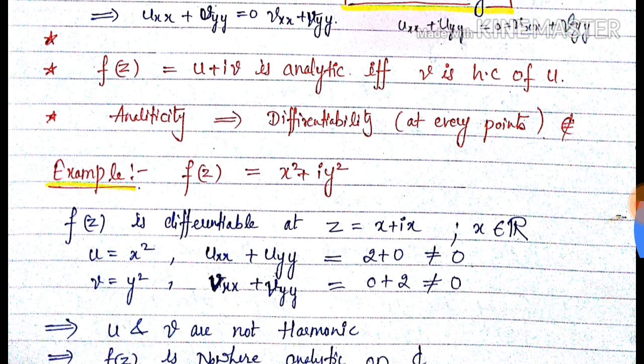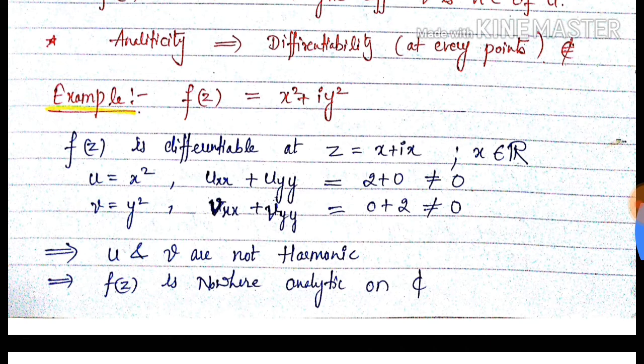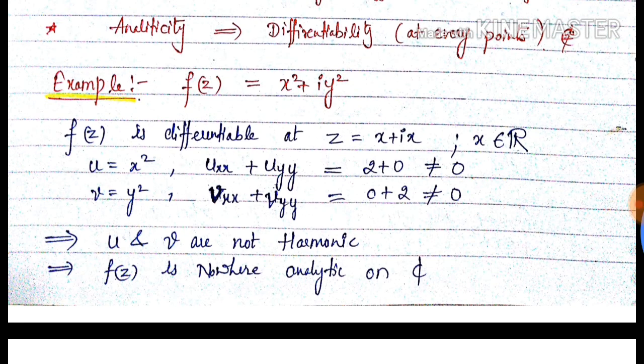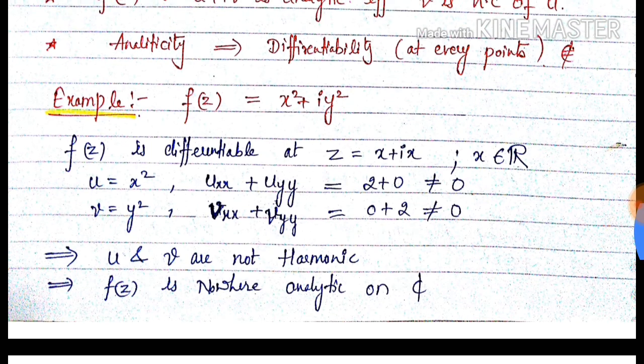Now we are taking an example. Here the example is f(z) = (x + iy) square. f(z) is differentiable at z = x + ix, x belongs to the real numbers. Here u = x square means the real part is x square, and the imaginary part v = y square. We have to put in the equation uxx plus uyy, the double derivative with respect to x and with respect to y.